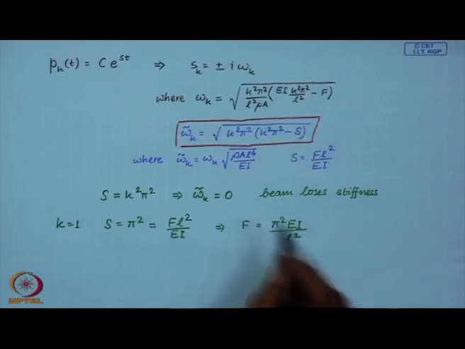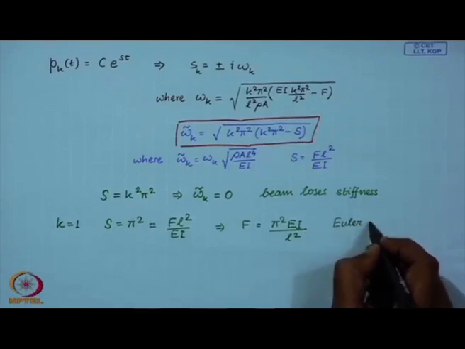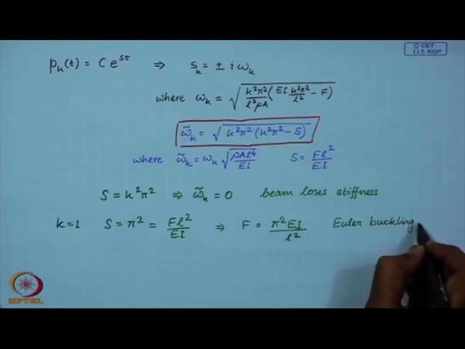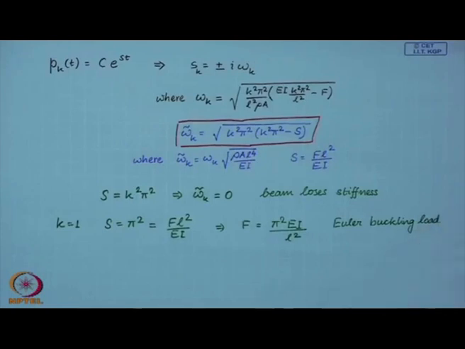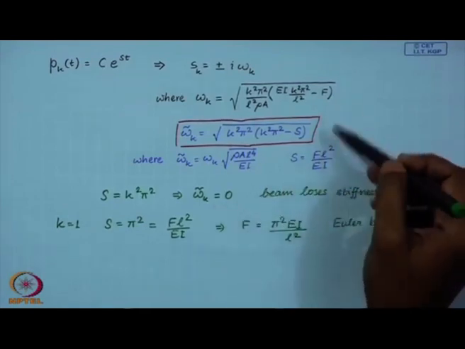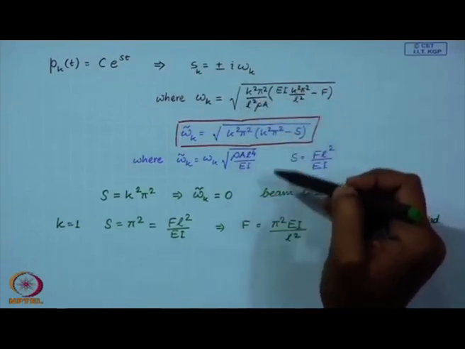Now, this expression we know as the Euler buckling load. So, this is the Euler buckling load. The way we have arrived at this Euler buckling load is through the dynamics.